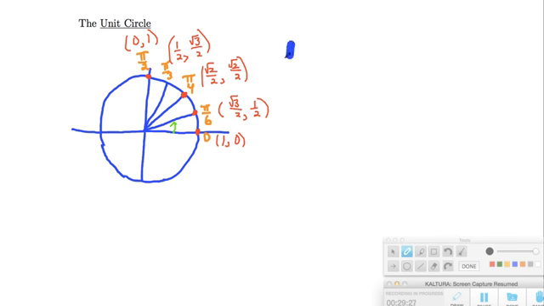So for example, in quadrant 1, the x values are positive and so are the y values.